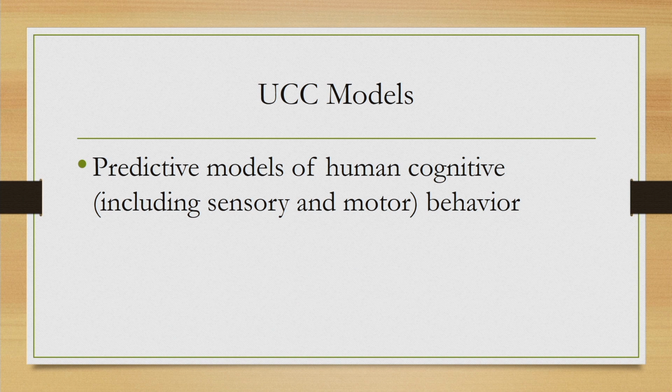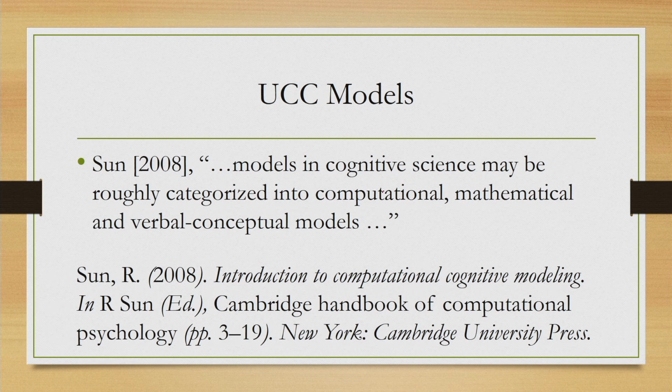Now, according to Sun, models in cognitive science may be roughly categorized into computational, mathematical and verbal conceptual models. There are 3 types of models which were proposed: computational, mathematical and verbal conceptual.